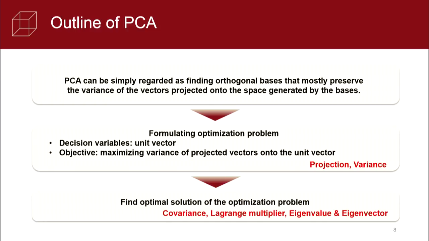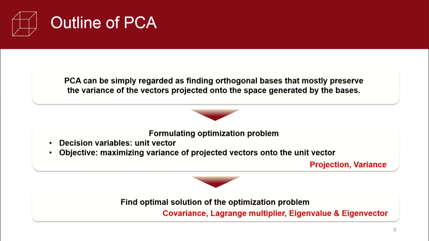By doing so, we formulate the optimization problem as follows. Each time, we'd like to find the principal component that preserves the maximum variance of the vectors projected on the space of this principal component.